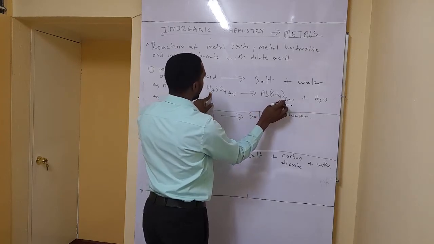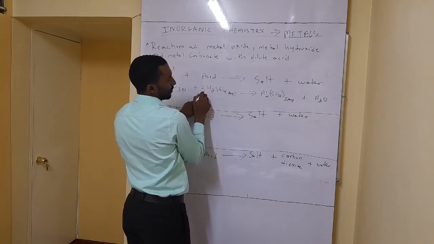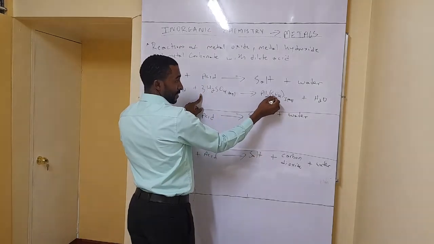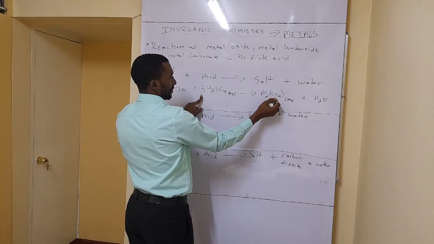This is 3 sulfur, so you need at least a 3 here. 3 sulfate, so you have to multiply the whole equation and change everything.